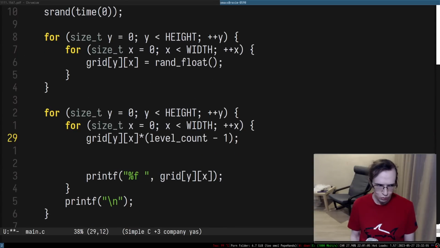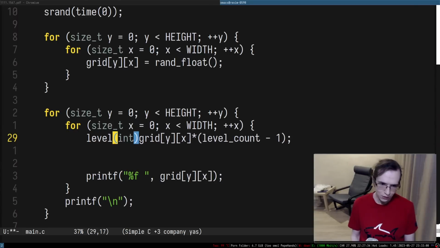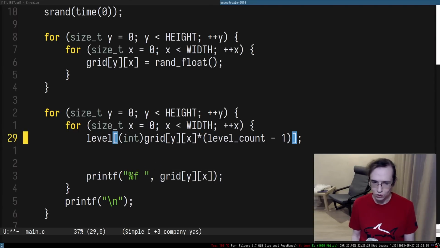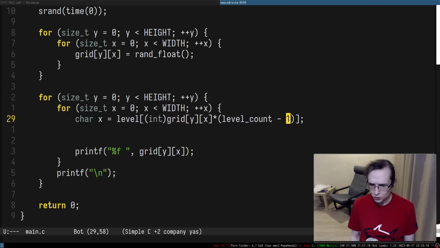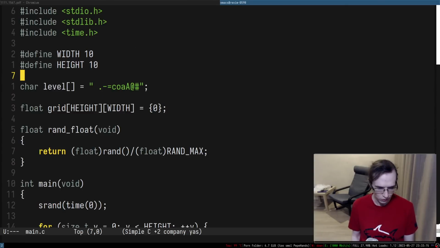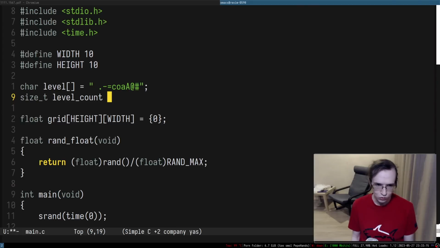Right, and then you probably want to truncate it by converting it to an integer, and then you'll be able to just take this specific level and print it. So let's actually try to do something like this. We don't have a level count, so let's maybe do something like this.